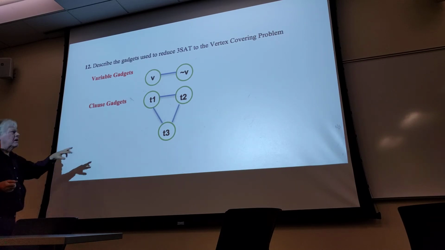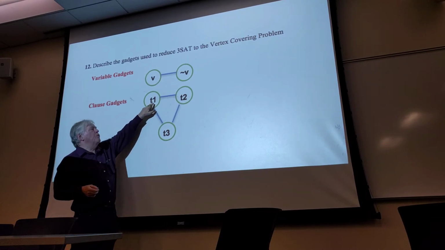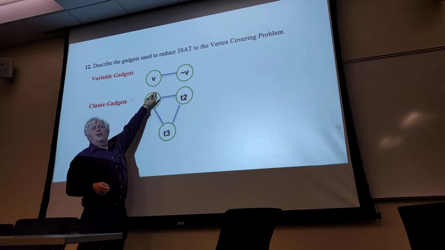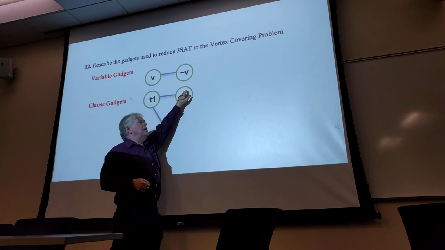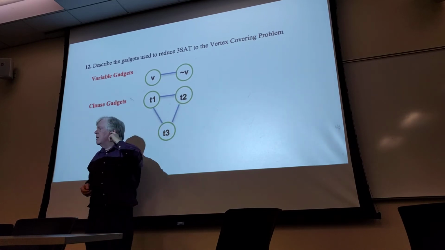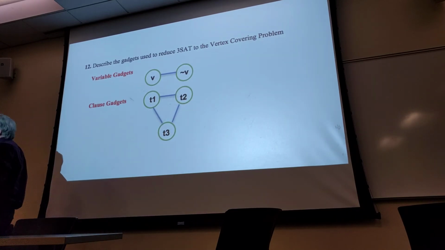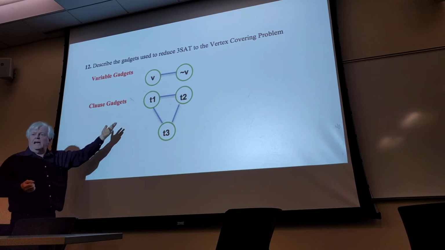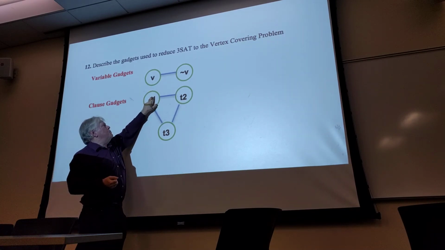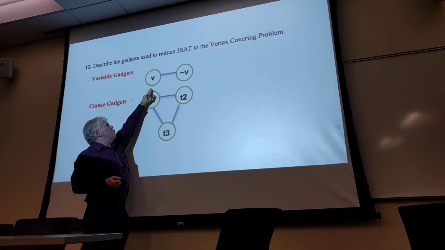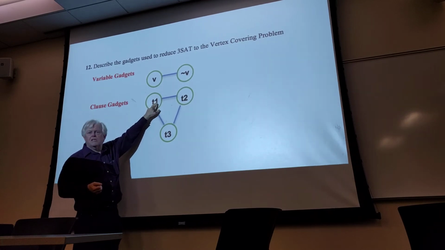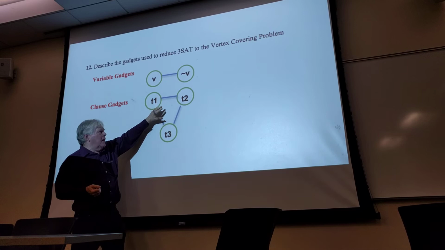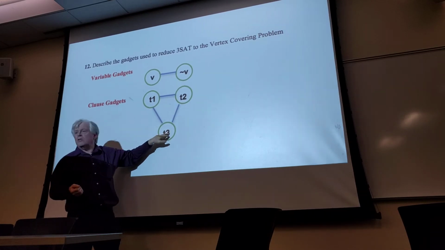If this happens to be variable V, then there'll be an edge from there to there. If this happens to be variable not V, there'll be an edge from there down to there. And those edges, if I chose V, then this edge would be covered, and I would not have to choose this particular node. And then what I would do is choose these 2.